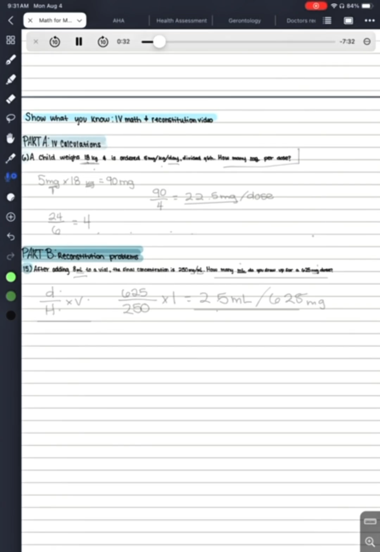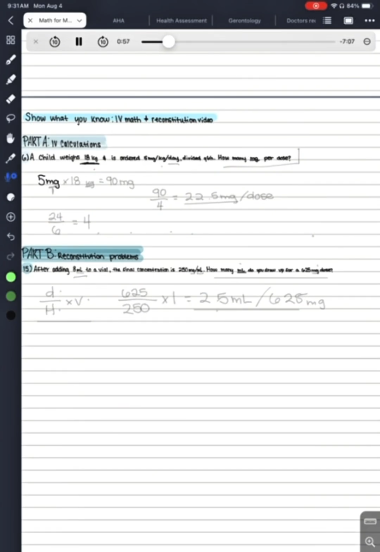So first, I know that it's 5 milligrams of medication per kilogram. So I know that my patient weighs 18 kilograms. This is something that you would double check. You would double check that you have the correct weight and it's in kilograms, because the ordered dose is in kilograms.